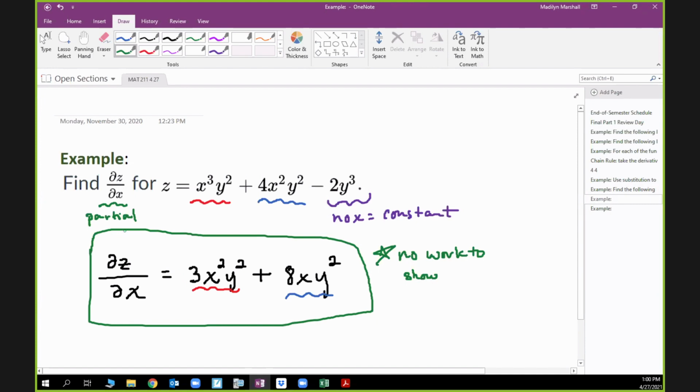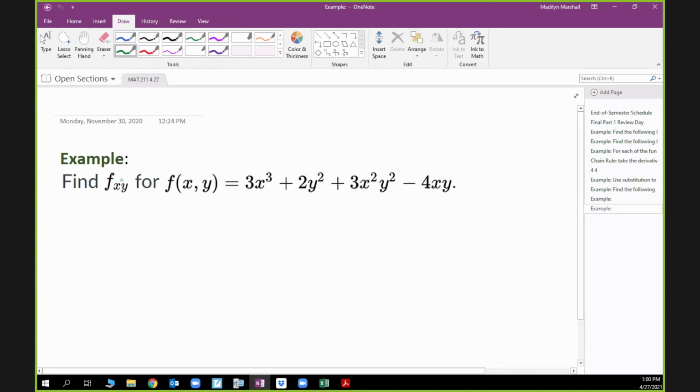So this is a first order partial derivative because we're just doing the derivative one time. We will also have a second order partial derivative on the test. And I'll tell you right now, the second order partial derivative on the test uses this notation with the f and the little x and y.